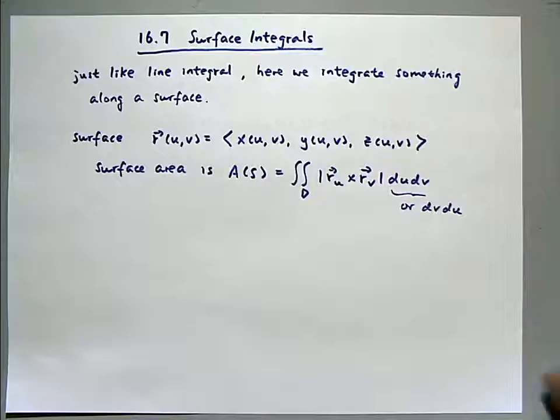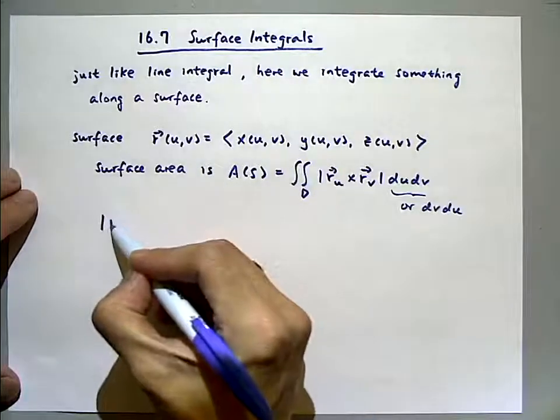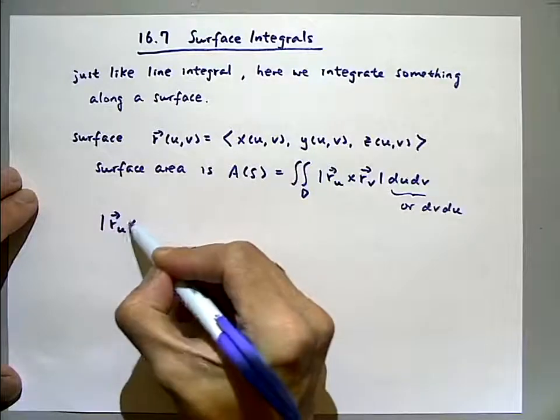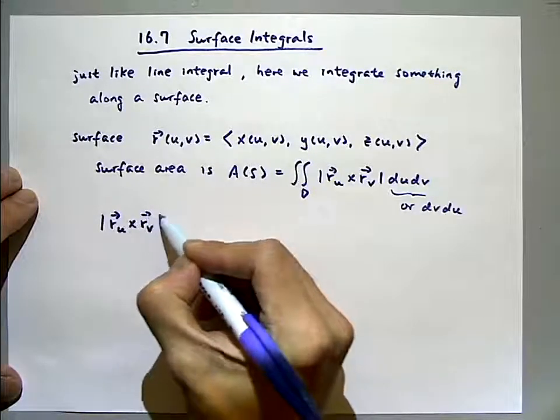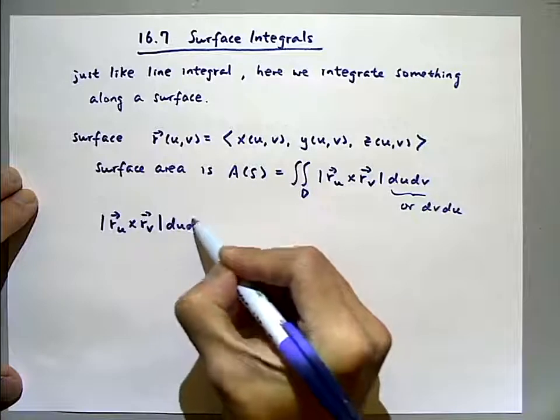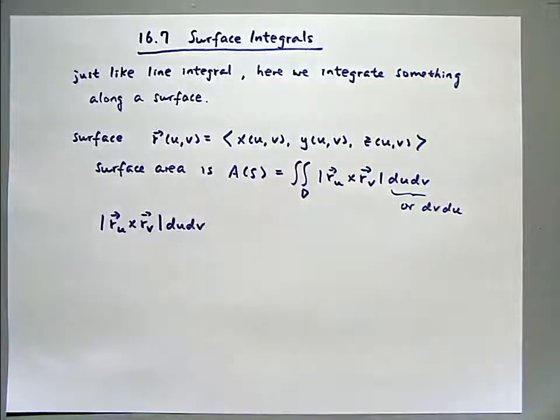Okay? So you remember that quantity we integrate, Ru cross Rv, du dv, physically, this is the area of a small patch of the surface that we're looking at.